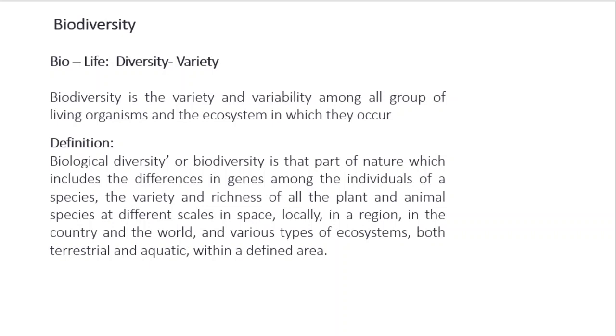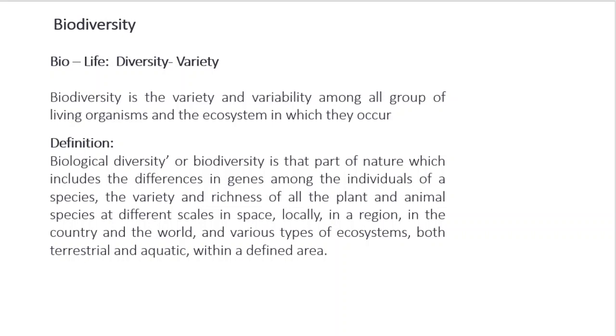If we split the word into two forms, bio means life and diversity means variety. So let's see the definition of biodiversity. Biodiversity is the variety of life, the different plants, animals, and microorganisms, their genes, and ecosystem of which they are part. This is nothing but biodiversity.